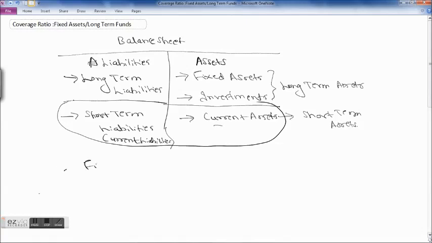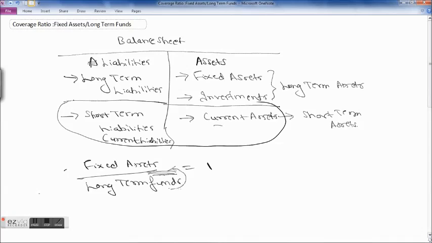So if your fixed assets upon long-term funds is 1, what does that mean? Your fixed assets are equal to your long-term funds, so your long-term funds are able to fund your fixed assets.